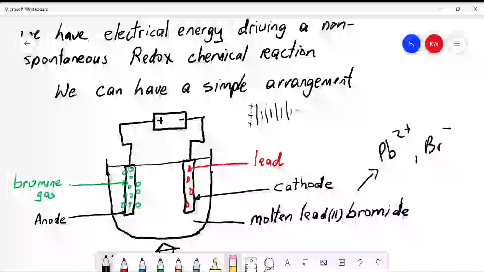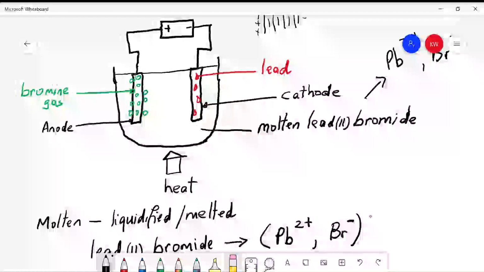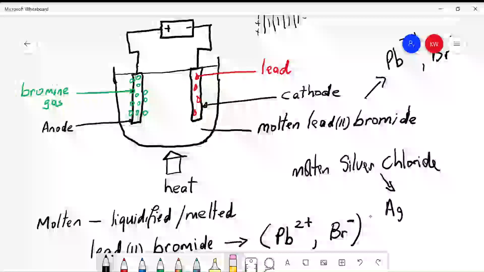If I gave you, let's say, molten silver chloride, the available ions we would have would be silver and chloride.